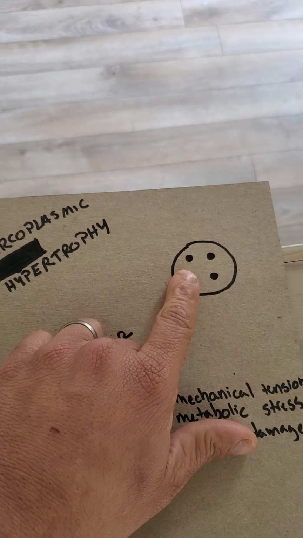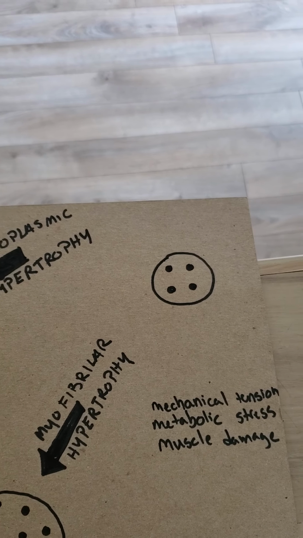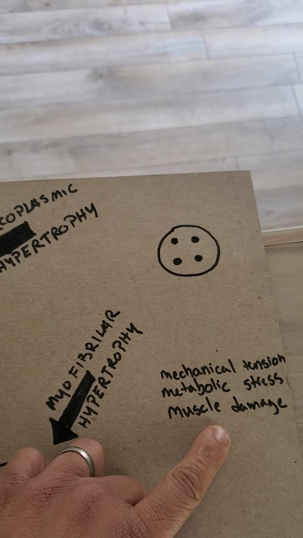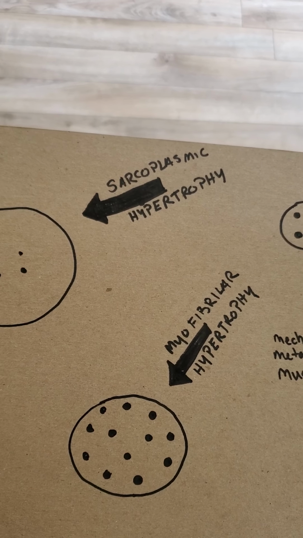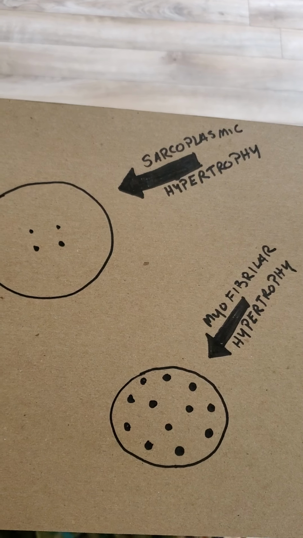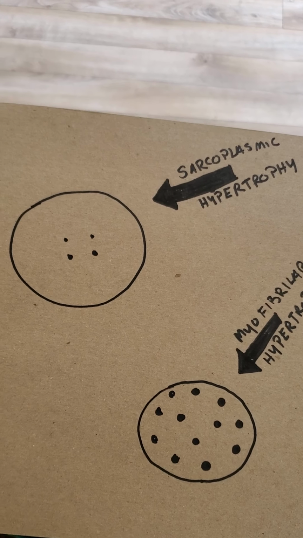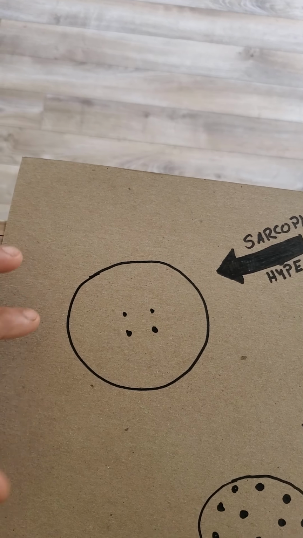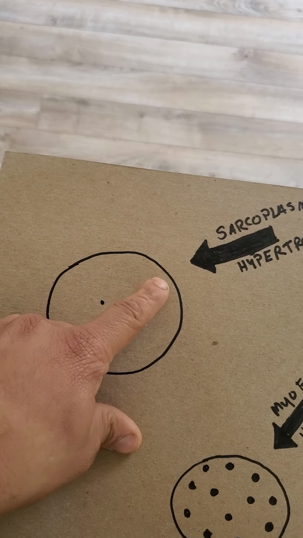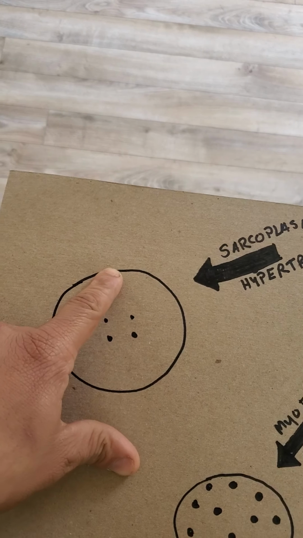Now, if we look at an average muscle fiber, through the mechanical tension, metabolic stress, and muscle damage, you induce the muscle fiber into hypertrophy, right? And then we have the sarcoplasmic hypertrophy, which is an increase in the content of non-contractile matter.